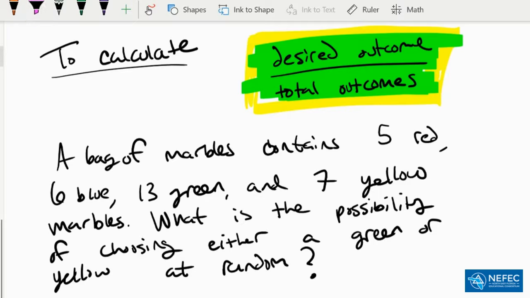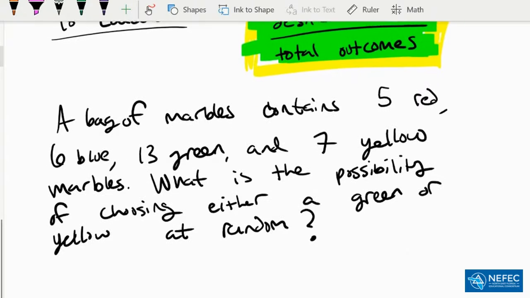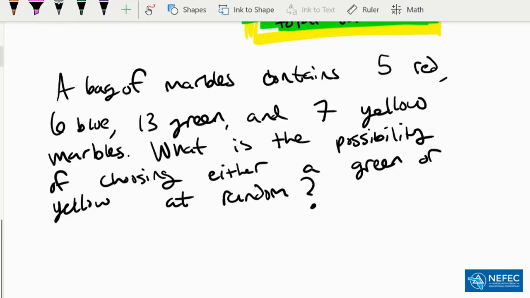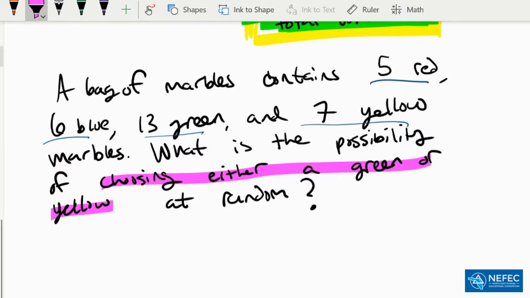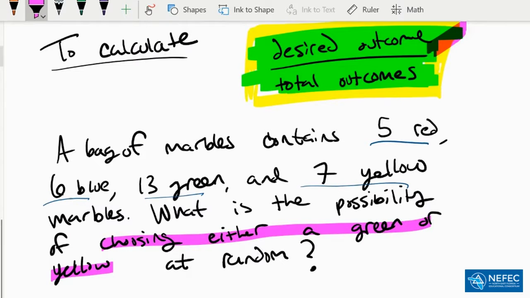In this situation, we'll represent it in all three ways. A bag of marbles contains 5 red, 6 blue, 13 green, and 7 yellow marbles. What is the probability of choosing either a green or a yellow? So that is our desired outcome.